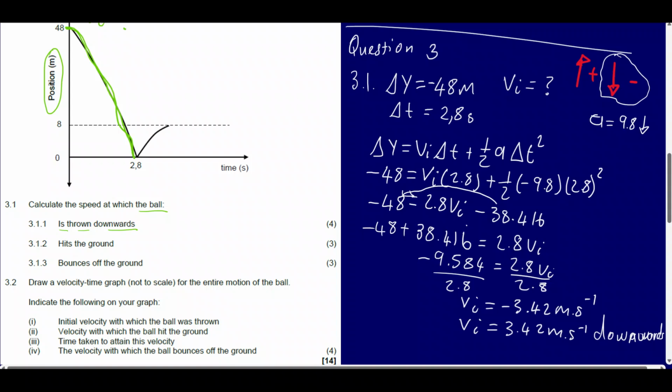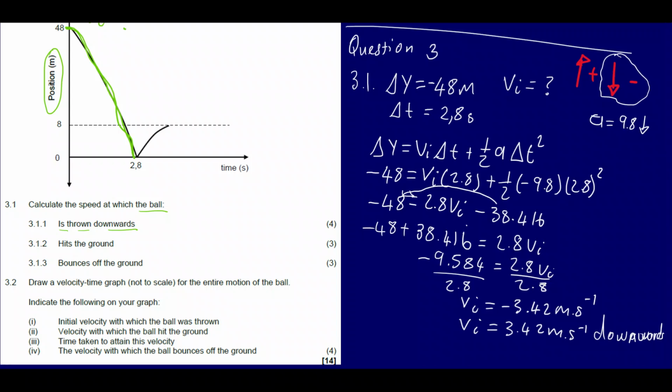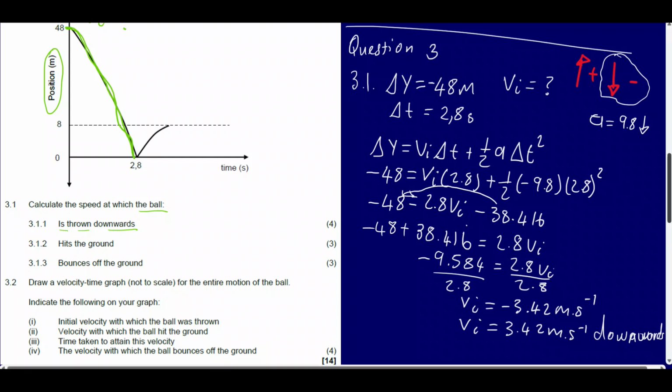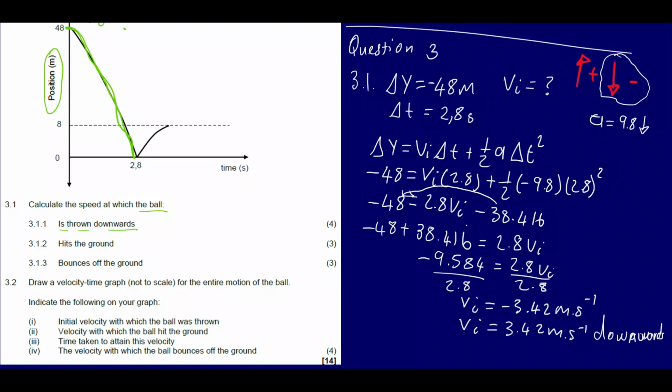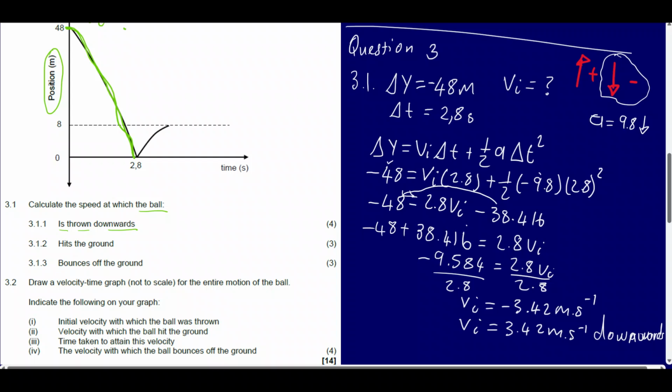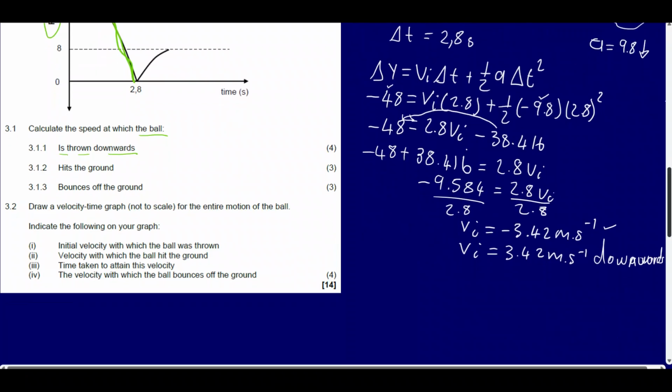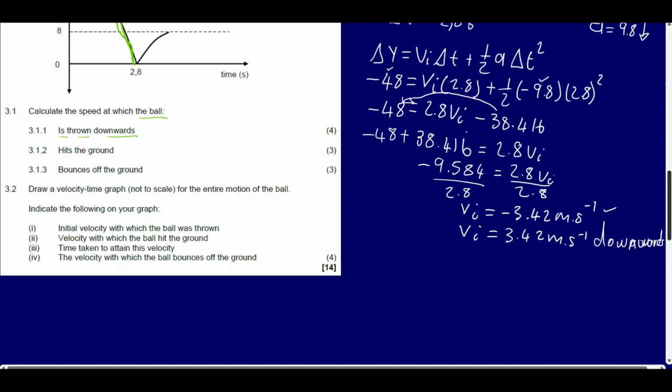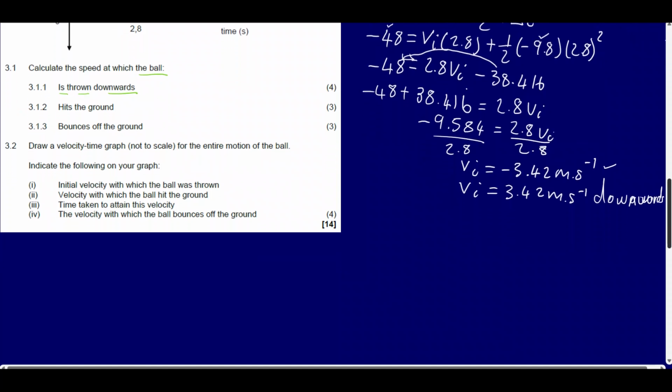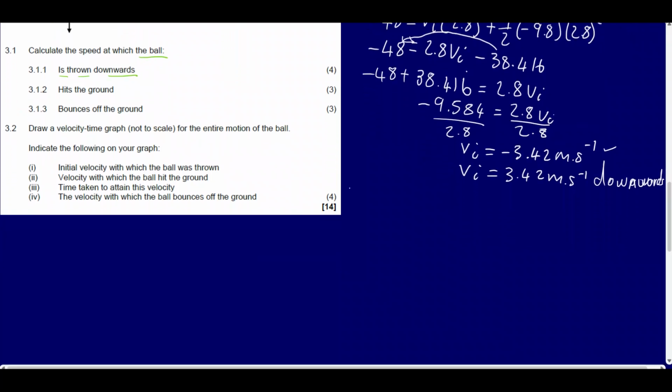The key that we took here, we said that we're taking upward as positive. So all the vector quantities are going to be substituted as negative into the formula, like you see the delta y and the acceleration. Even the velocity is giving us a negative answer, meaning that the velocity is going downwards.